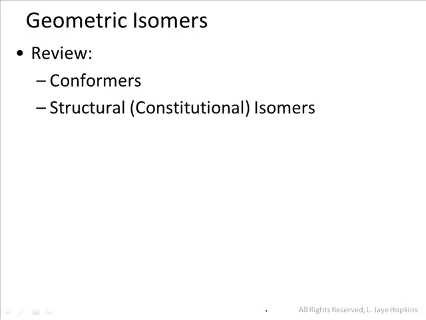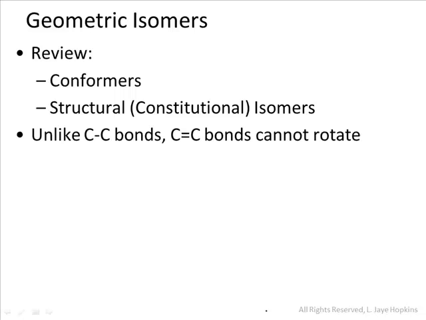Geometric isomers are somewhere between the two of these, and the reason for that is this. We said that in alkanes there are many different possible conformers because carbon-carbon bonds can rotate. But when we start dealing with alkenes, we're dealing with carbon-carbon double bonds, and carbon-carbon double bonds cannot rotate at all.